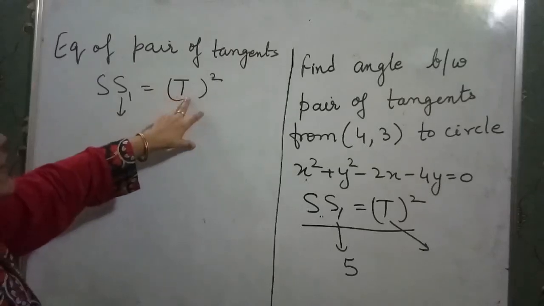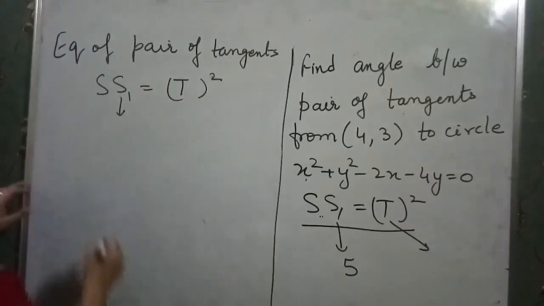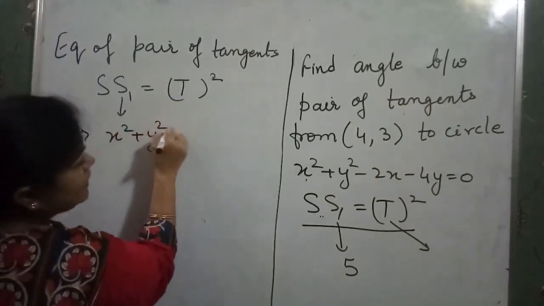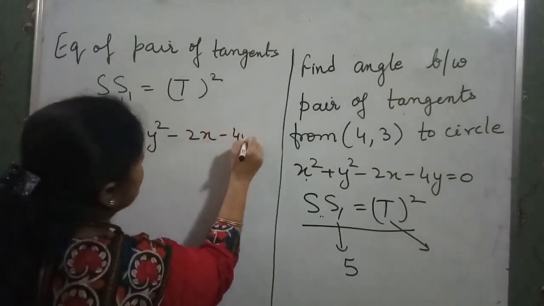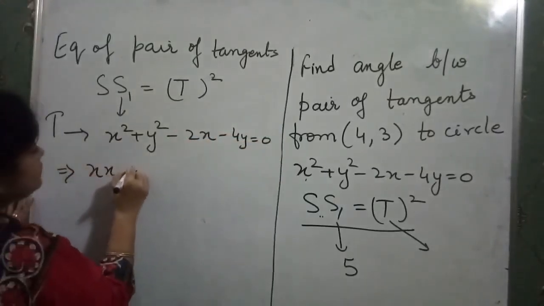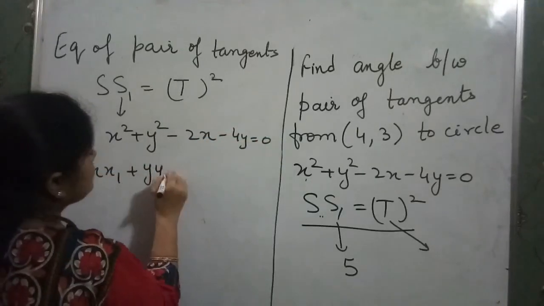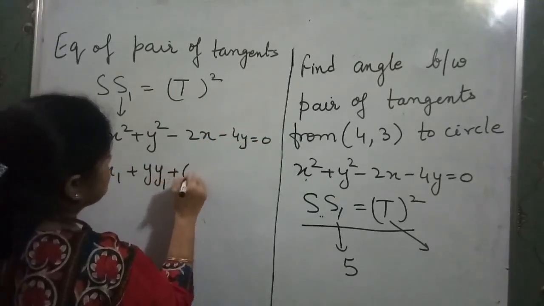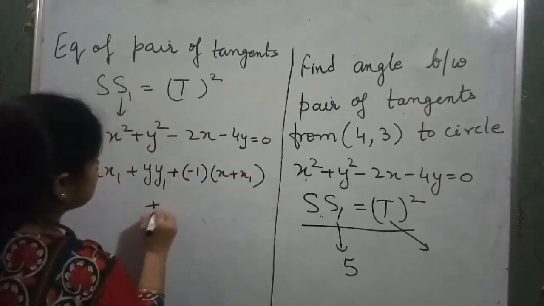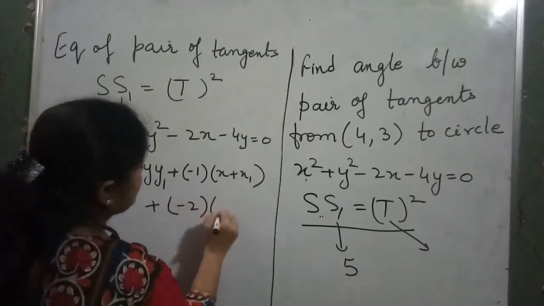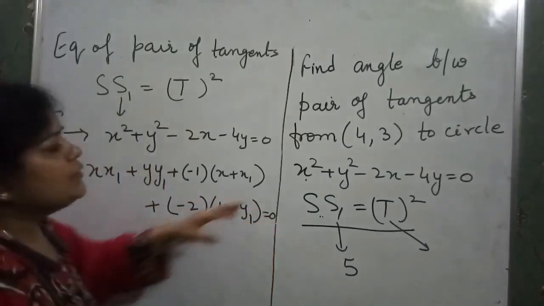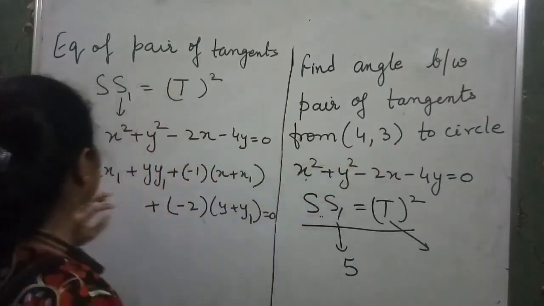Now I am going for finding the equation of tangent for this equation: x square plus y square minus 2x minus 4y is equal to 0. So we have the equation of tangent x x1 plus y y1 minus 1 times (x plus x1) minus 2 times (y plus y1) is equal to 0. Now put the values of 4 and 3, x1 and y1, in this equation.